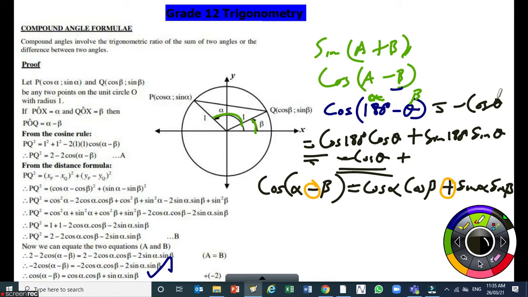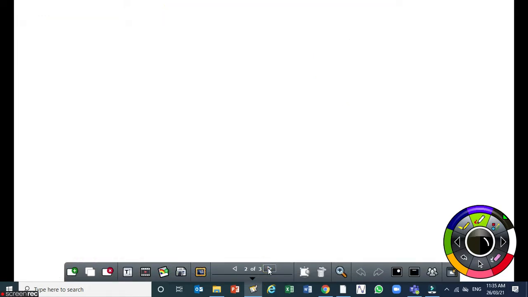Now, to derive the second compound formula for cos, we start with this one. Okay? So on the next page, I'm going to write this down. Cos, we are going to use alpha.